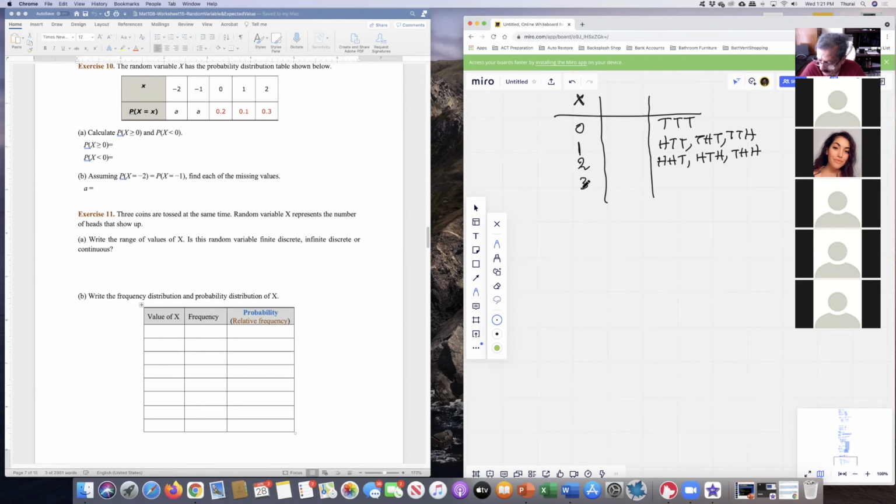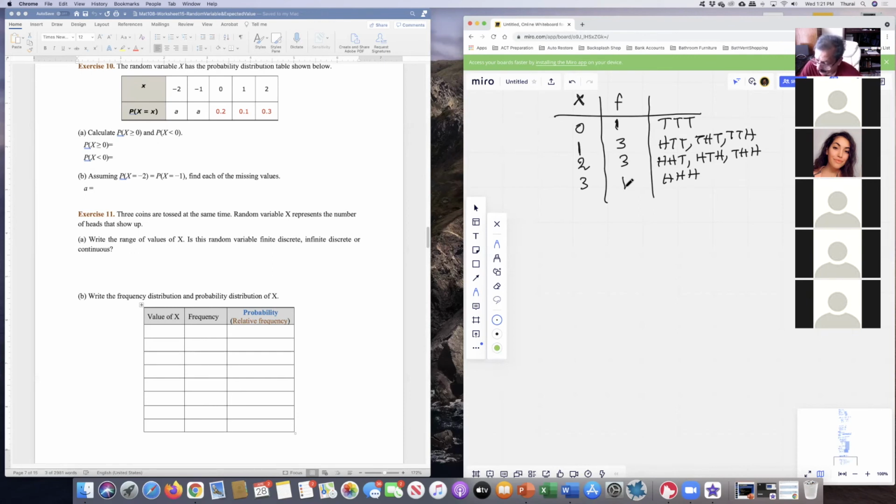Which outcome will give you 3? Head, head, head. There's only one outcome that will give you 3. So the frequency here is, for the first one, 1. For the second one, 3. Third one, 3, and 1.